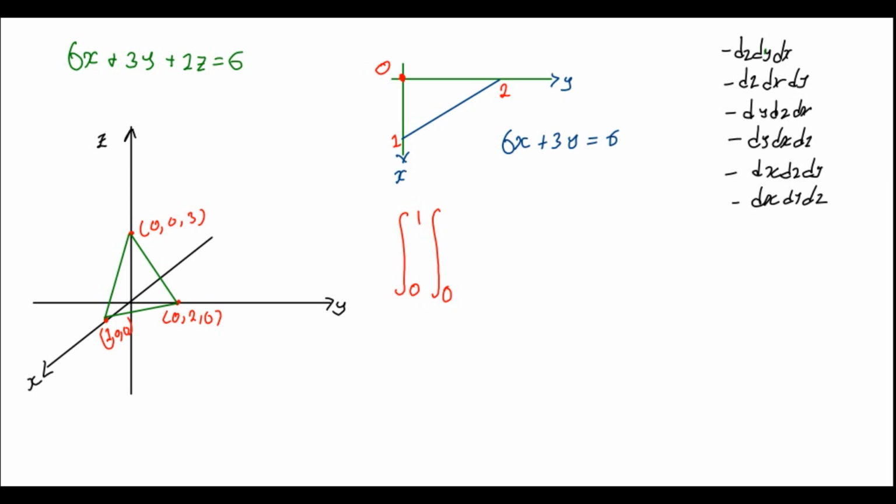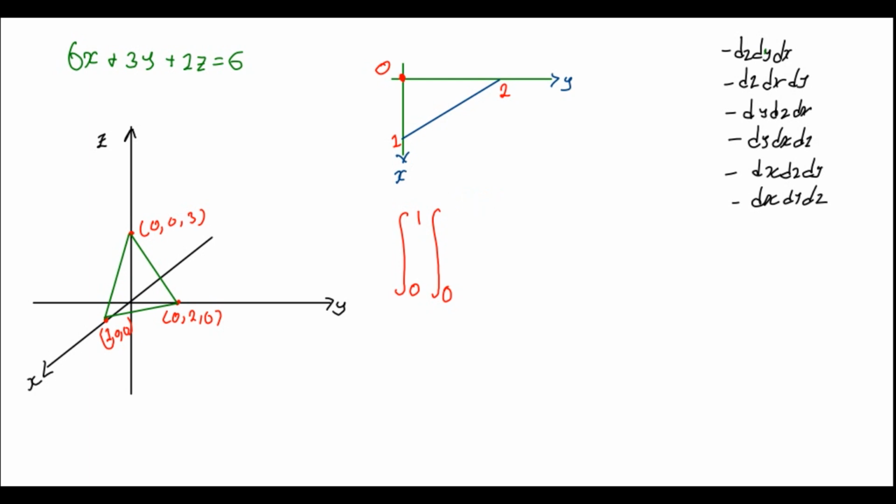We are saying z is equal to 0 because we're only looking at the xy plane. Meaning 3y is equal to 6 minus 6x. So we're going to have y is equal to 2 minus 2x. That's how you come up with that point. It's as easy and interesting as that.